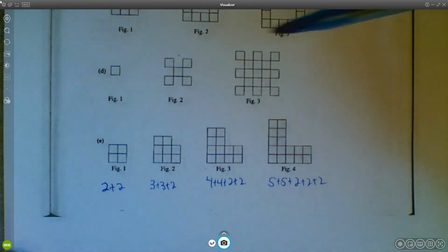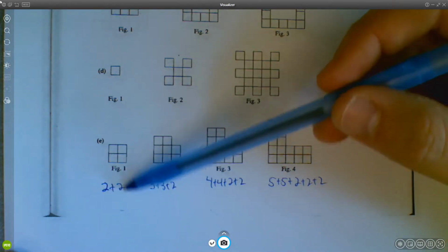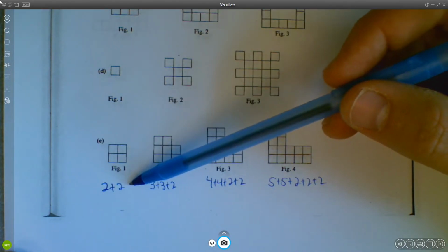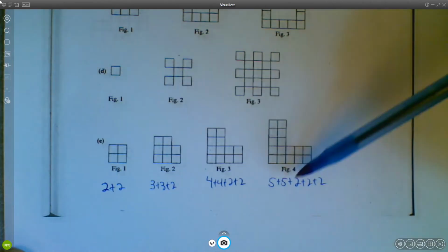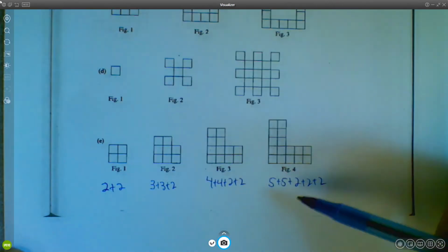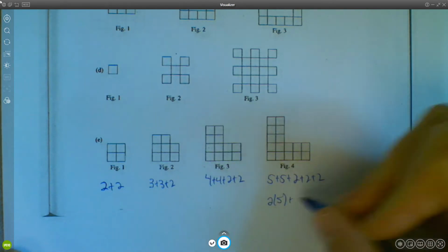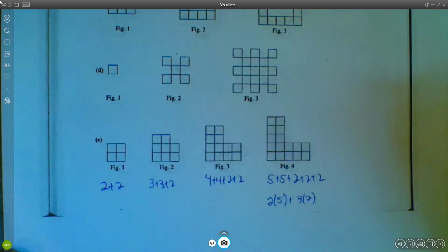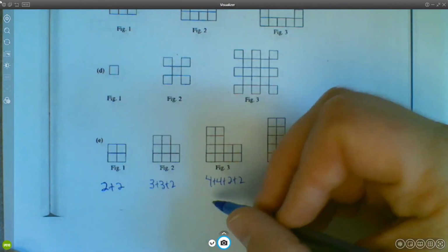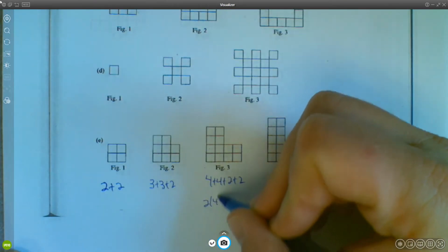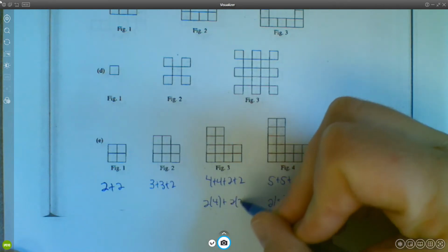It's not exactly clear looking at the first figure what the pattern is. I might work backwards and start over here and call this 2 times 5 and 3 times 2. Then this one I'll call 2 times 4 and then 2 times 2.